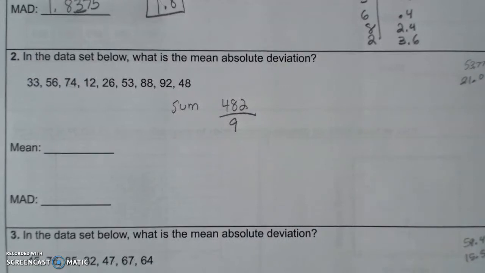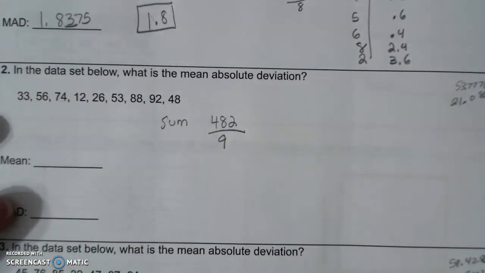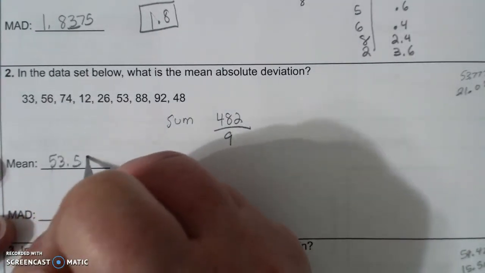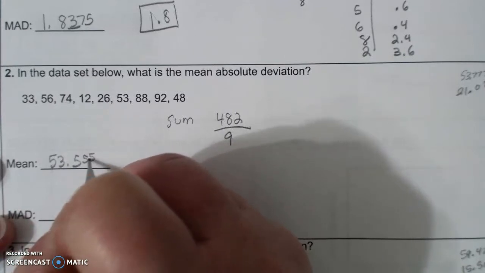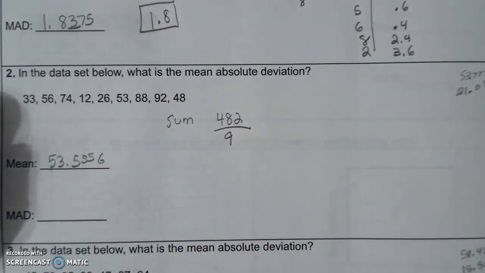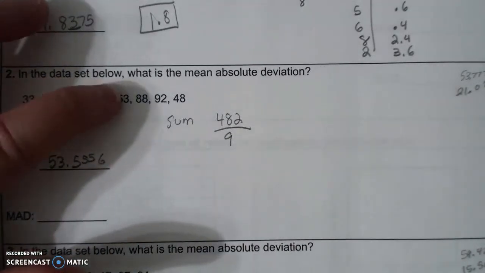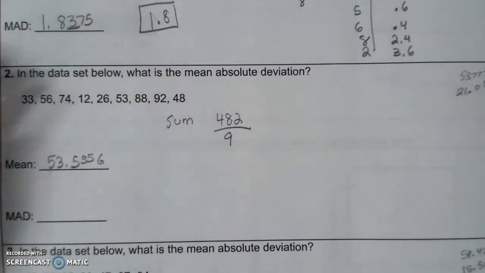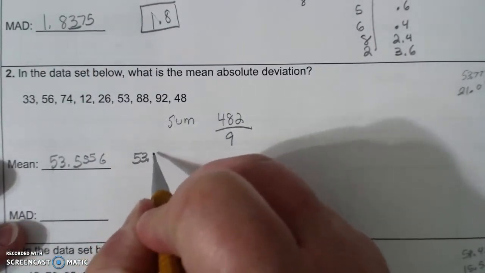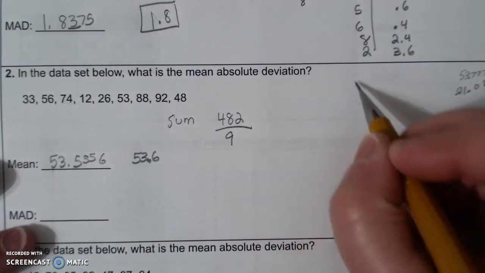And I divide that by 9. I get 53.5556, and then this was rounded to 53.6.